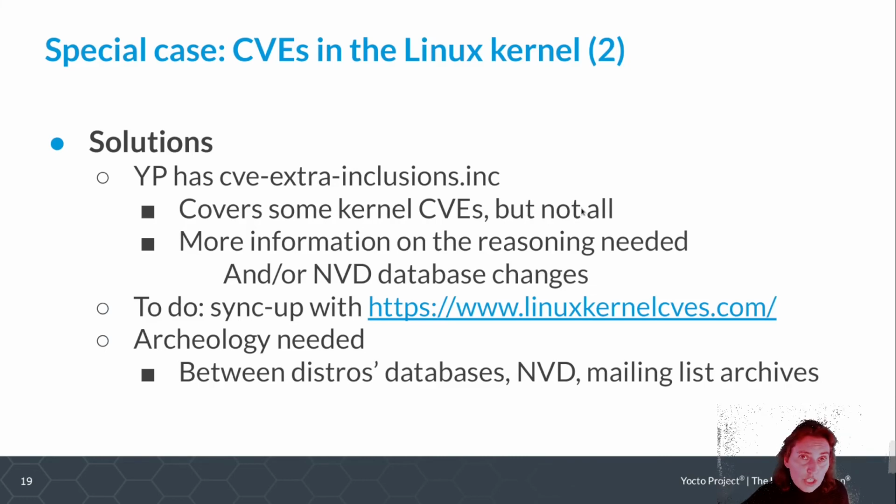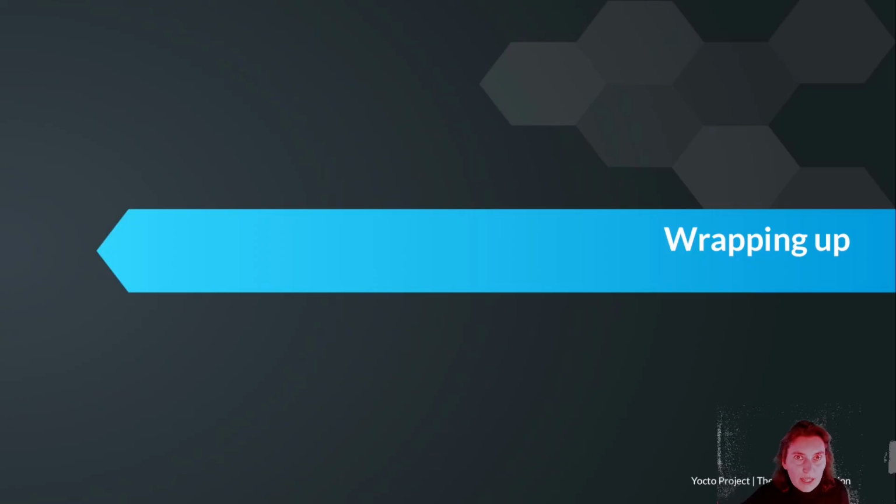This data is also in JSON, so now we can synchronize between the two. That would be interesting, some work to do. And there is a need for some archaeology between the databases of different distros, NVD, mailing lists, and different sources to figure out if some of those CVEs have actually been fixed or not, or they just do not make sense.